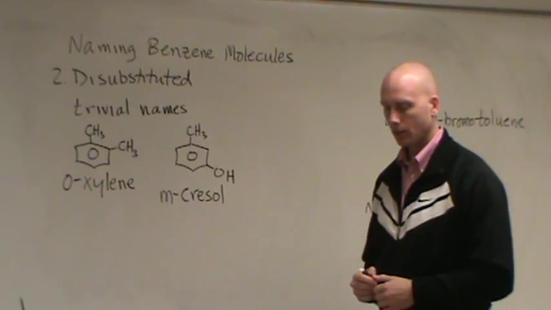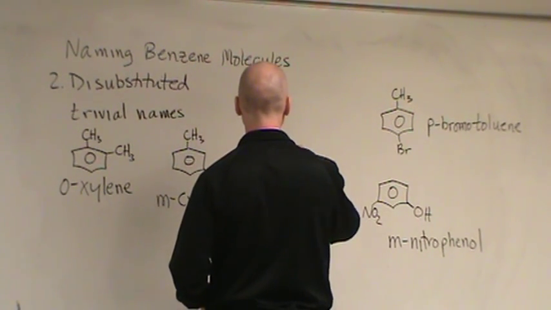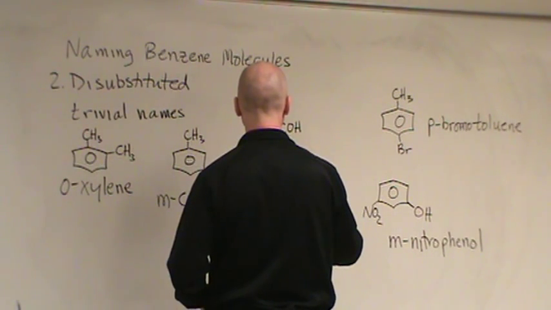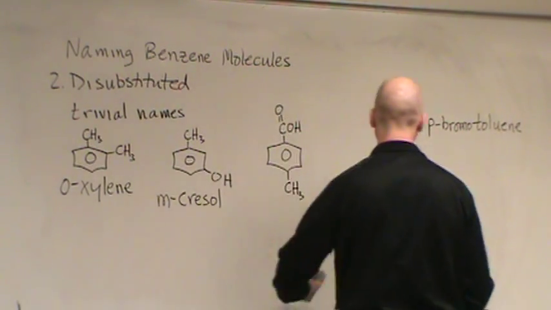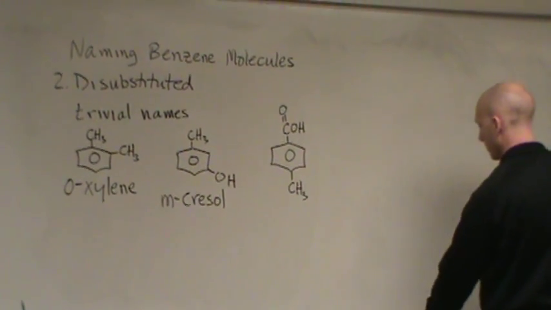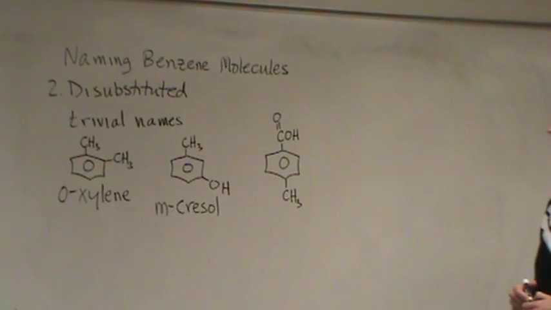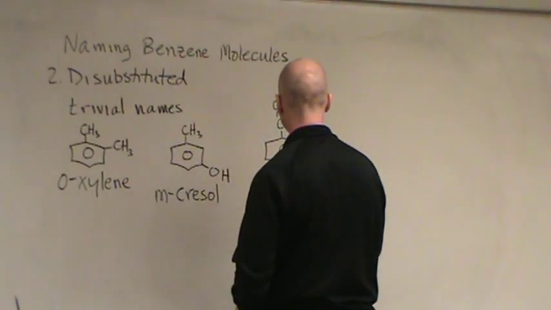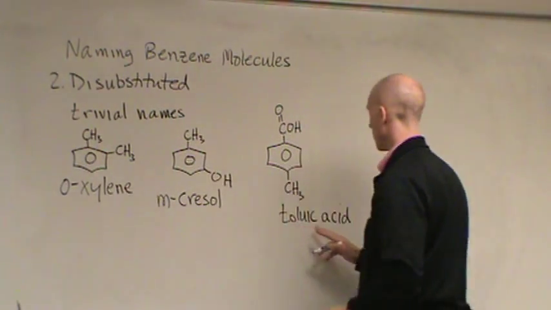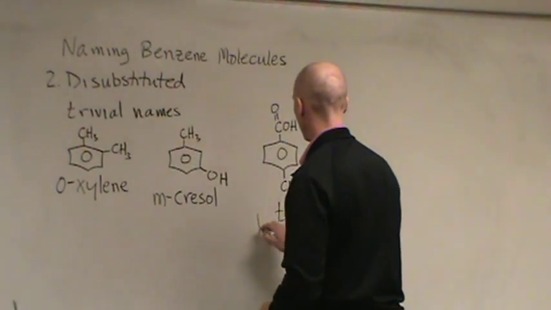Okay. Let's look at another one. Here we have the acid group and the CH3. This is what's called toluic acid, and they are para to each other.